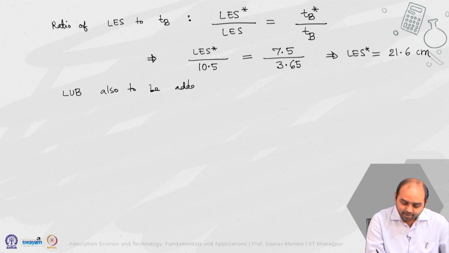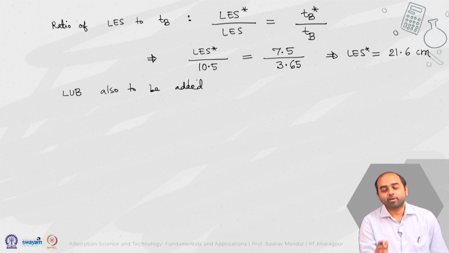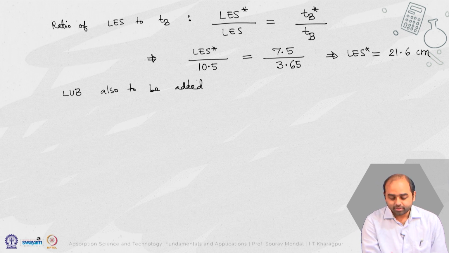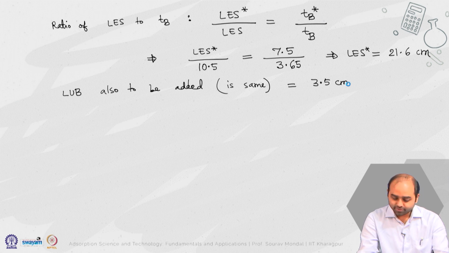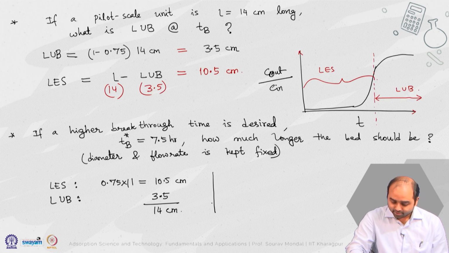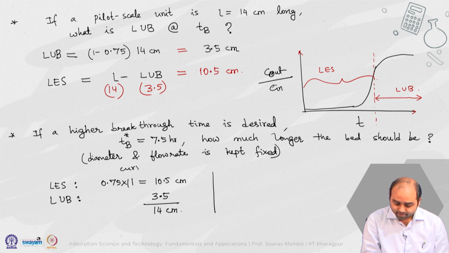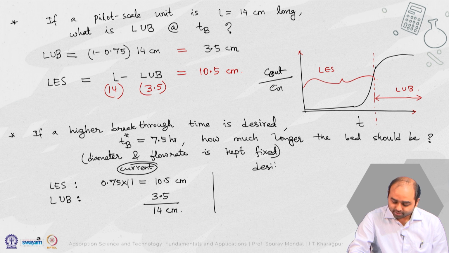and this unused portion of the bed for this adsorbent system, provided flow rate and diameter are the same, is constant, that is 3.5 centimeter. So if you go back here, this is the current situation and this is the desired, scaled up value.